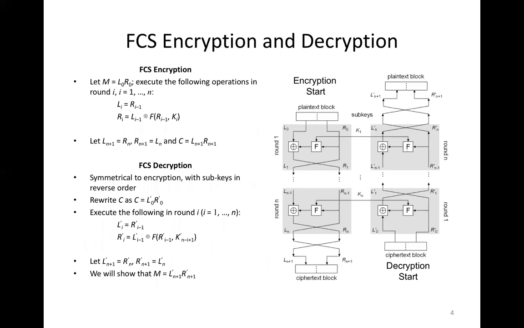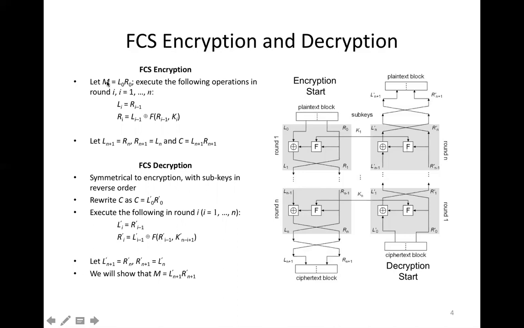Okay, now let's look at this sequence of operations. On the left-hand side is the mathematical notation of this encryption and decryption, and on the right-hand side is a diagram. Each block, now this M is a data block, okay?